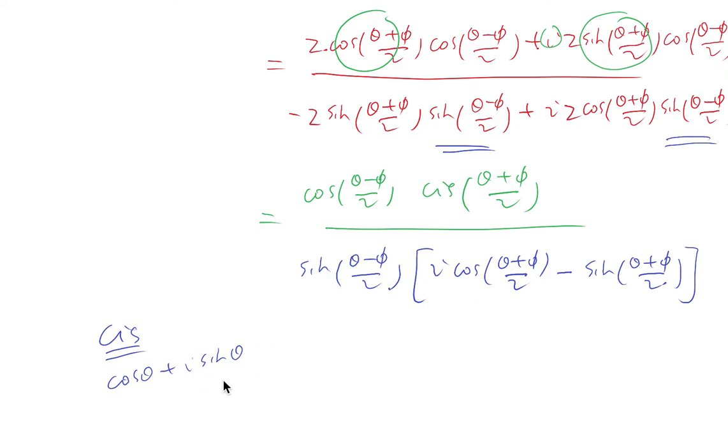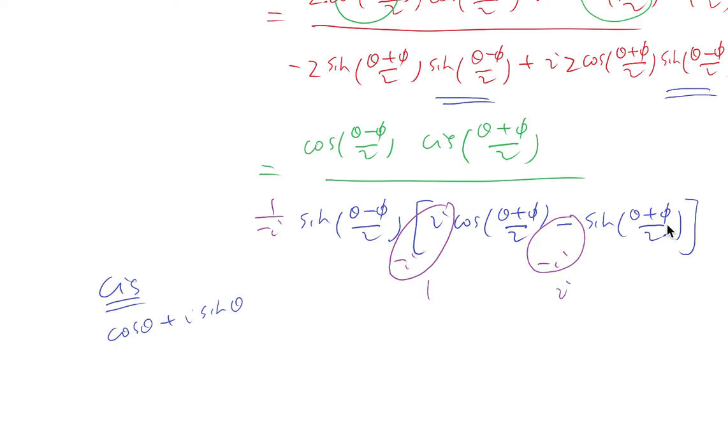So if you want to convert this into I, you just need to multiply everything by a minus I. So we just multiply everything inside by a minus I, and then everything outside by 1 over minus I. Okay, so minus I multiplied by I becomes 1, minus I multiplied by minus 1 becomes I. So now we finally convert this into cis form.